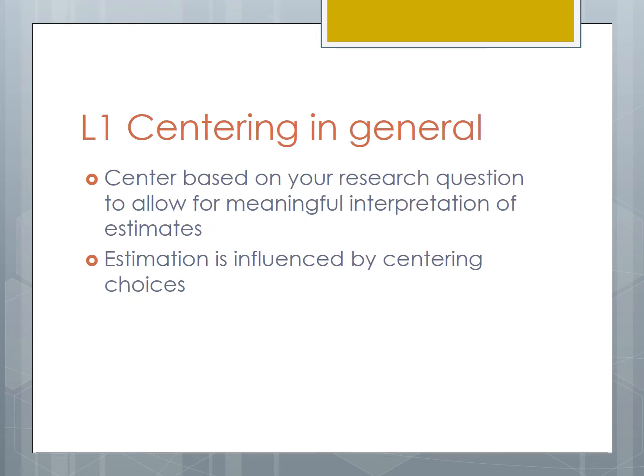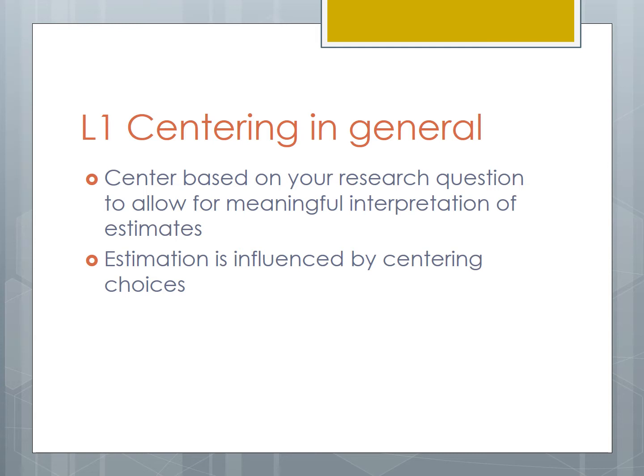So let's come back to general recommendations. In general, your level 1 centering needs to be based on your research question, and the goal is to have meaningful interpretation of your estimates. However, keep in mind for level 1, the estimation is influenced by your centering choices.